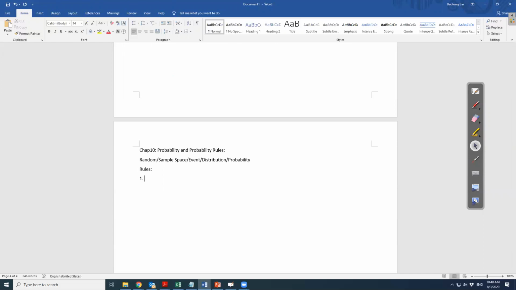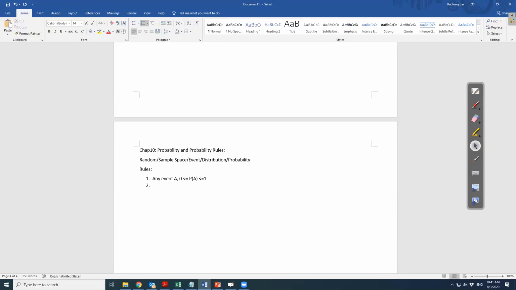So 5 rules. First rule, for any event, the probability of that event needs to always be between 0 and 1. Okay, so probability of event A is always between 0 and 1, including 0, including 1, right?